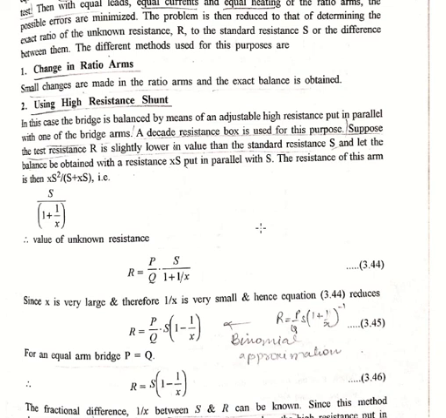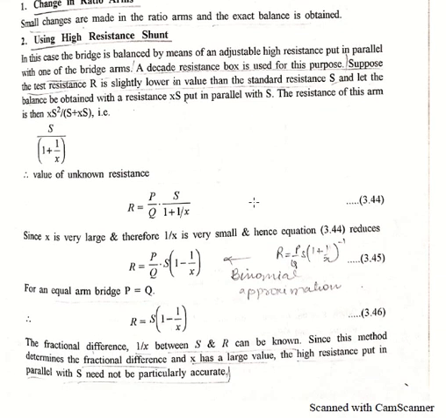Suppose that the test resistance R is slightly lower in value compared to the standard resistance. Then the balance can be obtained by putting some resistance XS in parallel with our standard resistance S. So our arm resistance comes out to be the parallel combination of S and XS.